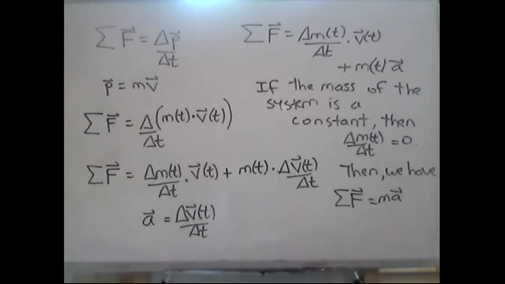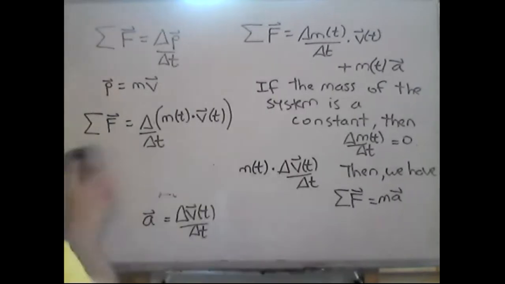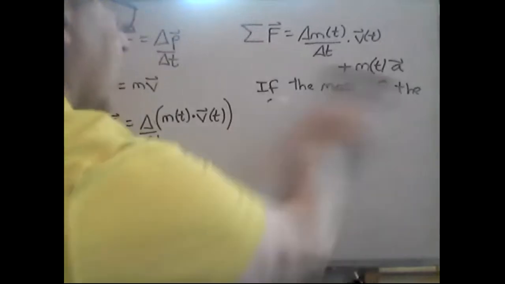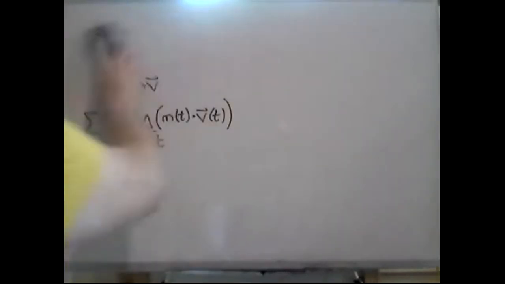Now, when might the mass of a system not be constant? Is that kind of an oddball concept that the mass of a system would not be constant? Well, no. There are good examples where the mass of the system is not a constant. One such example would be a rocket ship. If you look at a rocket ship, you have this little capsule that's supposed to go out in space, and almost all the mass is fuel.